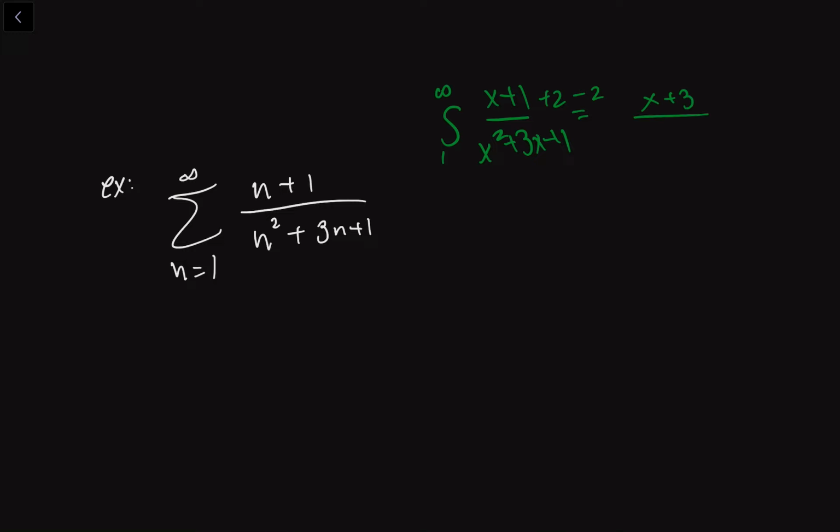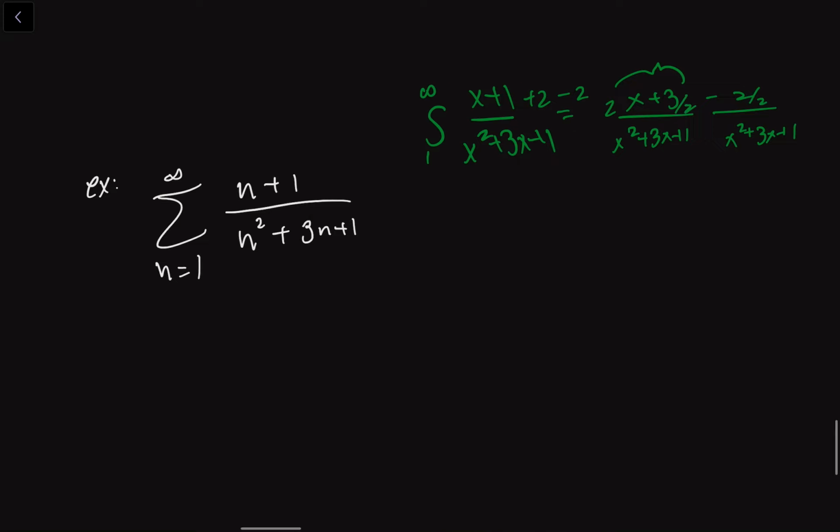So you could have x plus 3 minus 2, over x squared plus 3x plus 1, x squared plus 3x plus 1. And this will all become an easy u sub, right? Or not quite, because you'd have a 2 there. So we want this to be 3 halves, right?